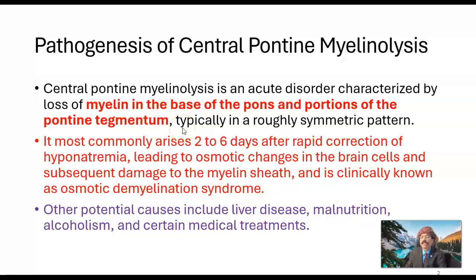Typically in a roughly symmetric pattern, it most commonly arises 2 to 6 days after rapid correction of hyponatremia, leading to osmotic changes in the brain cell and subsequent damage to the myelin sheath, and is clinically known as osmotic demyelination syndrome. Other potential causes include liver disease, malnutrition, alcoholism, certain medical treatment.